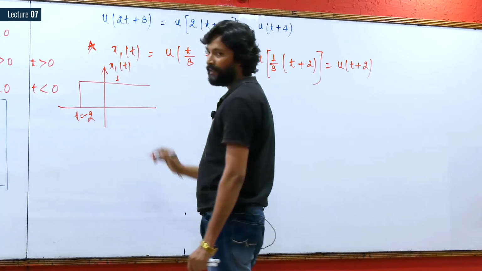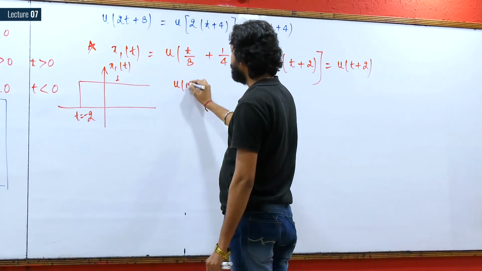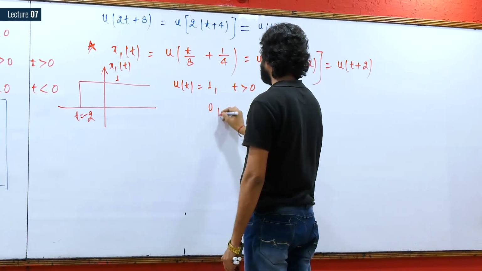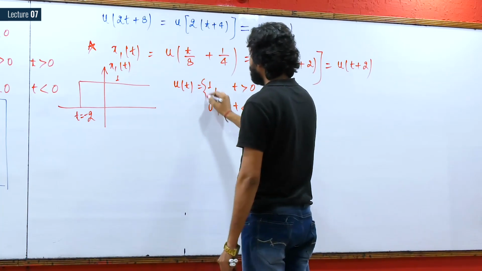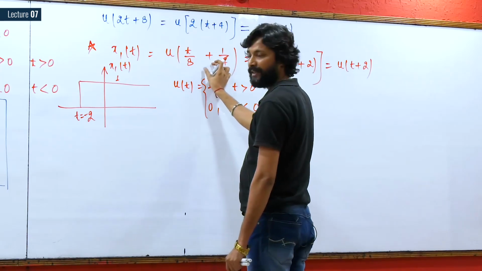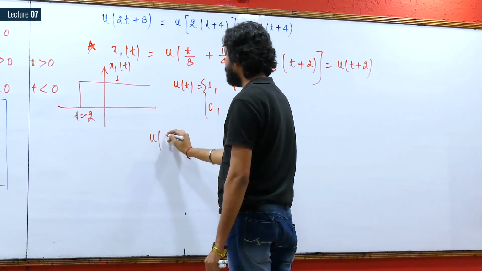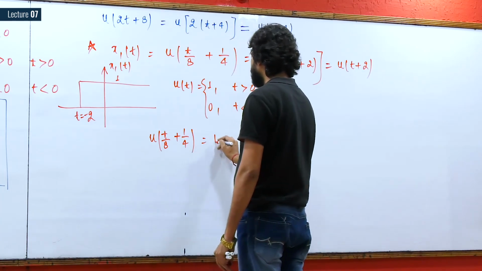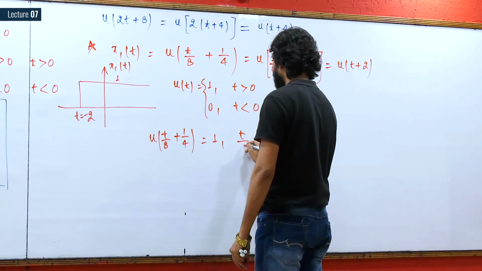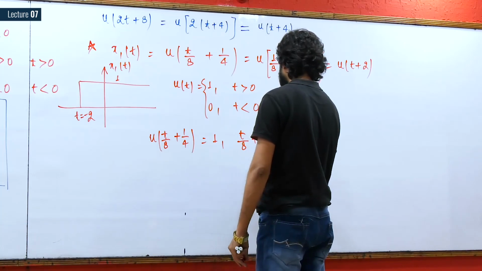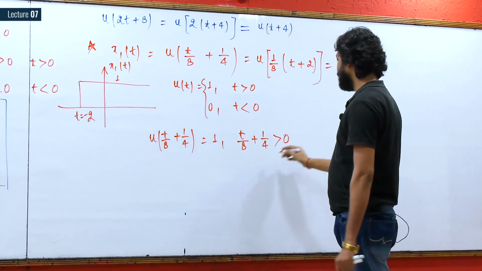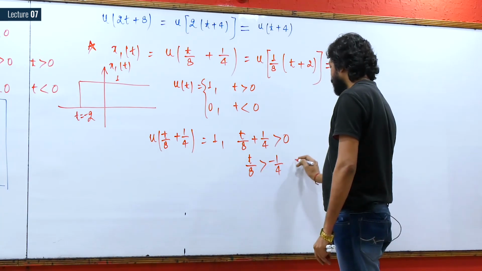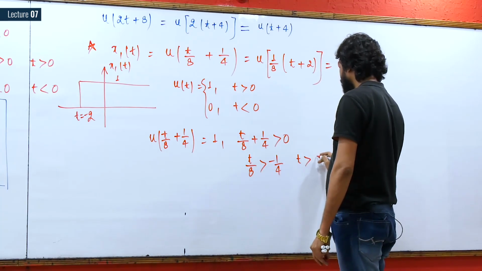Now if you want to check, u of t is equal to 1 for t greater than 0 and 0 for t less than 0. Just by replacing t by this variable, if you want to find u of t by 8 plus 1 by 4, then it will be equal to 1 only if t by 8 plus 1 by 4 is greater than 0, or you can say t by 8 must be greater than minus 1 by 4, or t must be greater than minus 2.